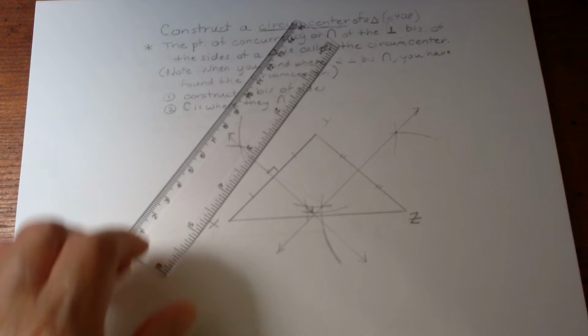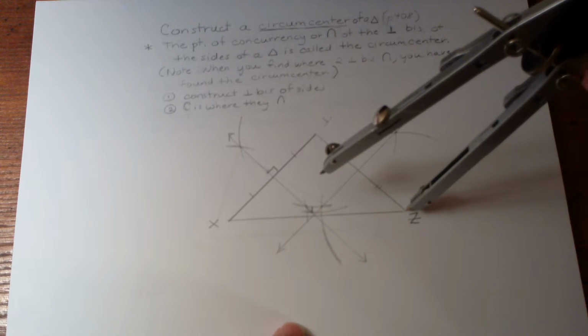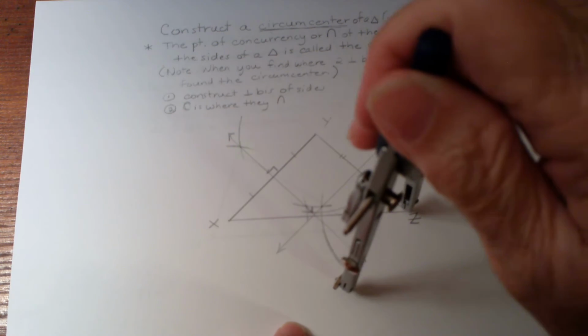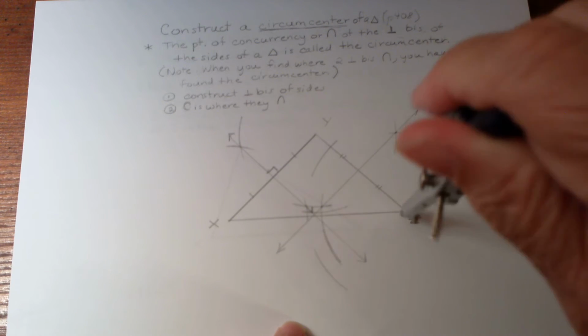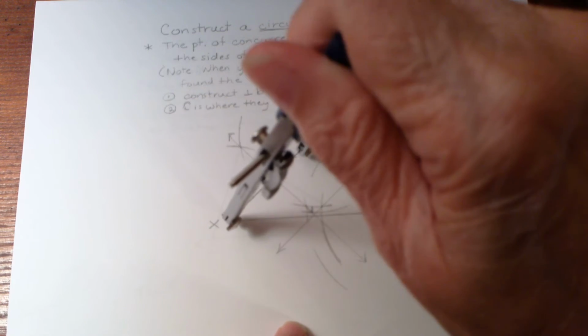So I'm going to do XZ as well. I'm going to find the perpendicular bisector for XZ. So I'm going to cut arcs. I changed the measure so I could see it differently. Cutting arcs above and below for XZ.